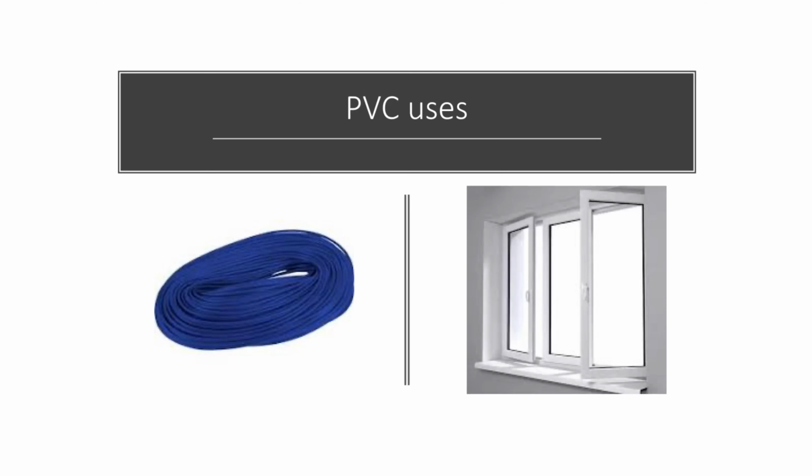Okay, so we've got two uses here. You can see it can be used for cables. So this is just electrical cable. It's what goes over the wire. So your phone charger has the cable over it. It's flexible, and it can also be used for window frames. So these are the UPVC window frames, as they're called.